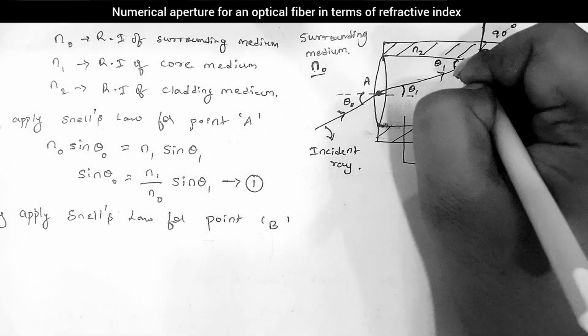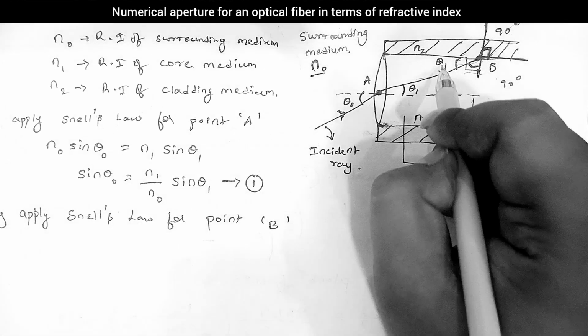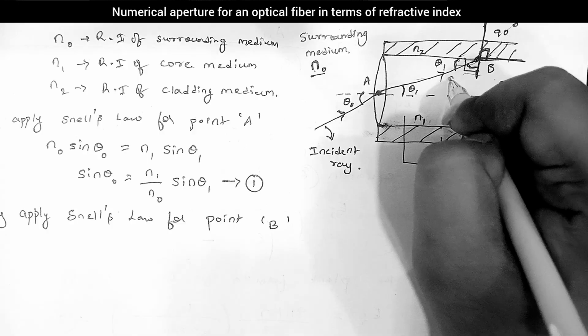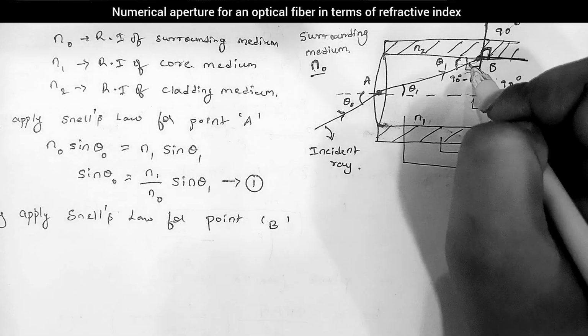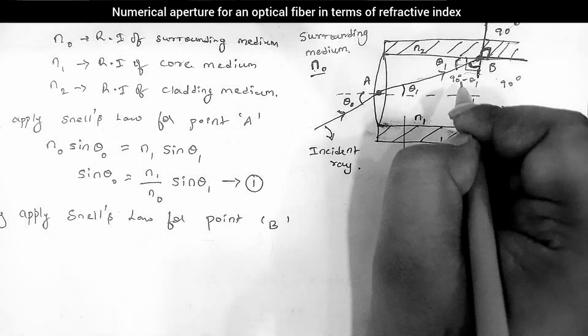The whole angle from here to here is 90 degrees, and in that there is already a value of theta 1. So this angle will be 90 minus theta 1, and that will be the angle of incidence from medium n1 to medium n2. How do we write it?